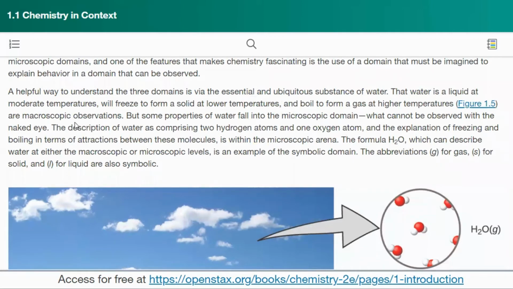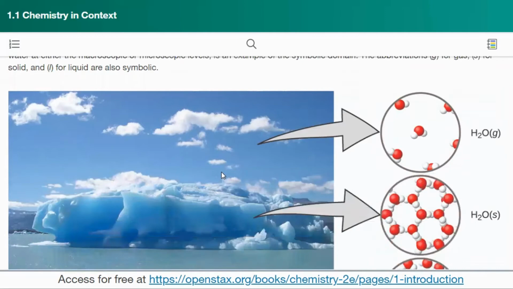The description of water as comprising 2 hydrogen atoms and 1 oxygen atom, and the explanation of freezing and boiling in terms of attractions between these molecules is within the microscopic arena. The formula H2O, which can describe water at either the macroscopic or microscopic levels, is an example of the symbolic domain. The abbreviations G for gas, S for solid, and L for liquid are also symbolic.